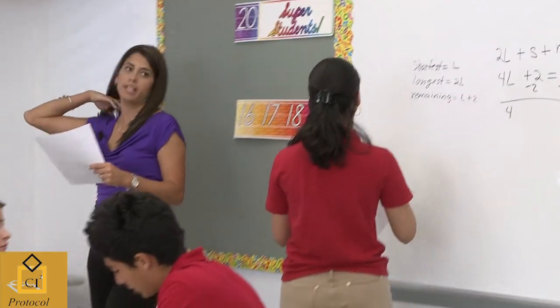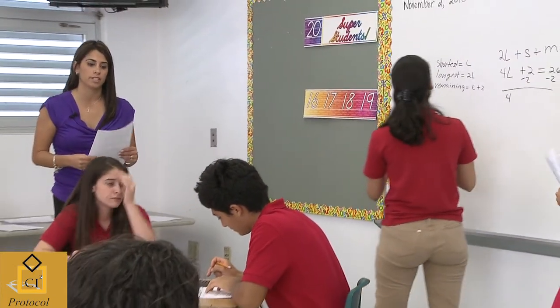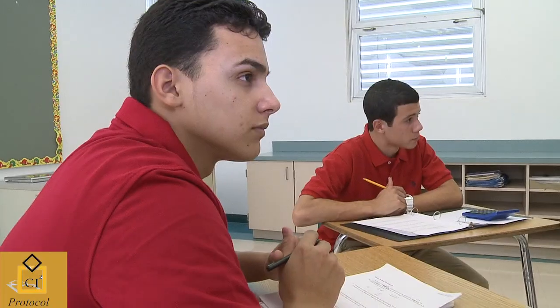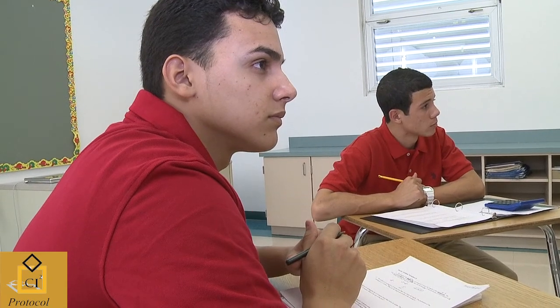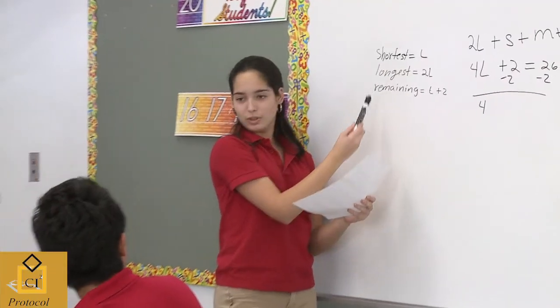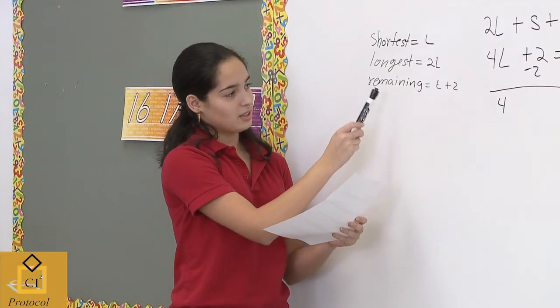Okay, go ahead and turn to the class and explain to them what you decided as a group. Okay, the shortest leg is L. Okay, this way so the rest of the class can see you. The longest leg is 2L, and the remaining leg is L plus 2.